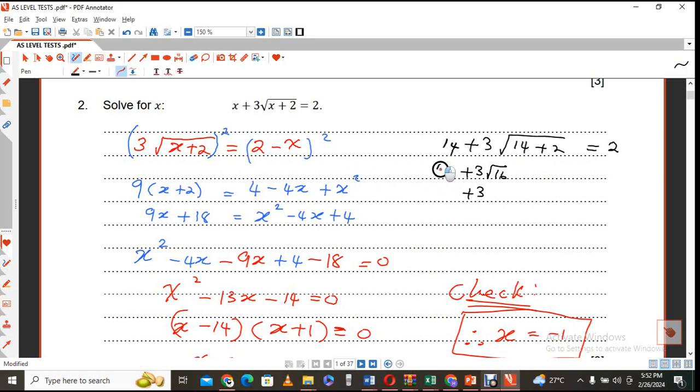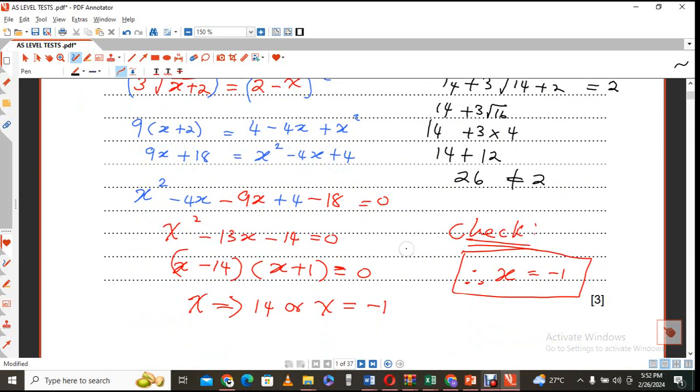So the left side is 3 times 4, which is 12, and the right side is 2 minus 14, which is -12. Of course, this is not equal, so x equals 14 here would therefore not be valid.